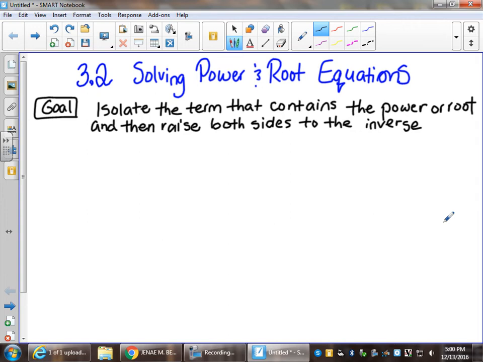Now, there are two parts to our notes. First, we're going to talk about raising both sides to an even root.